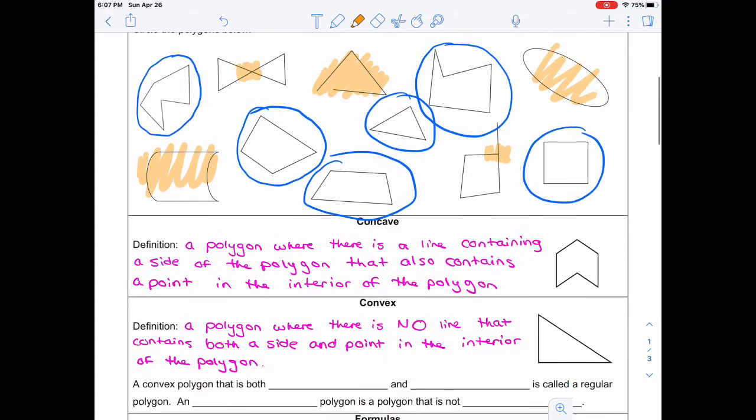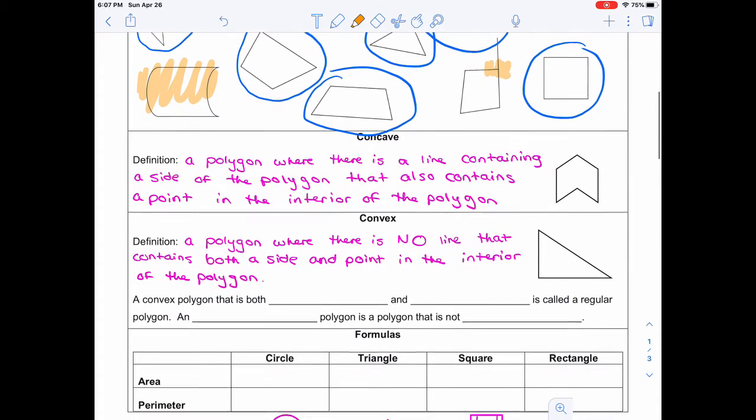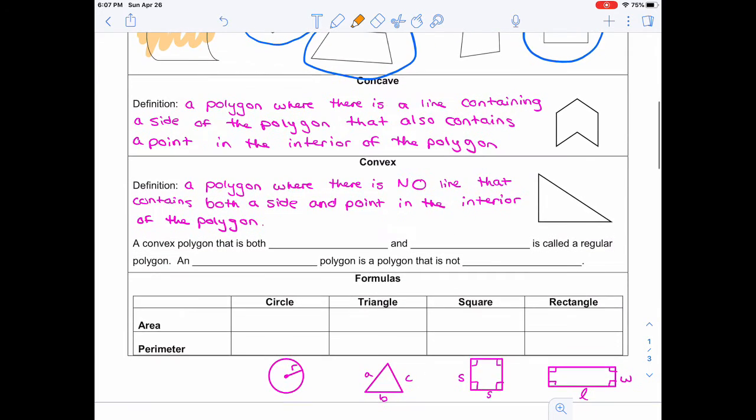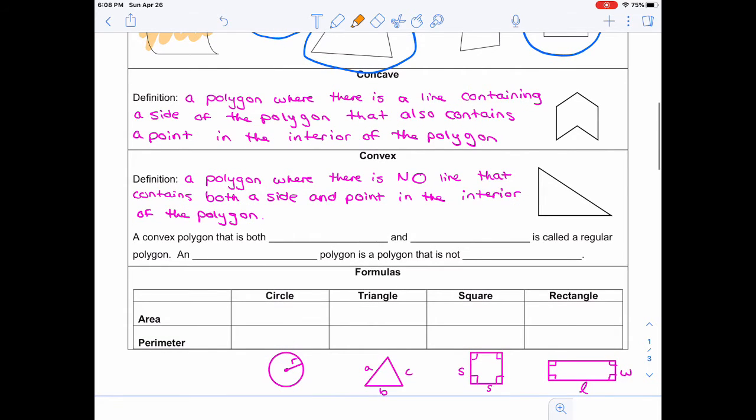So we also have concave and convex, which are two ways to classify polygons. And I believe we talked about this earlier, but now we're going to go in a little bit more detail here. So a concave, I know it's a long definition here, but it's a polygon where there is a line containing a side of the polygon that also contains a point in the interior of the polygon.